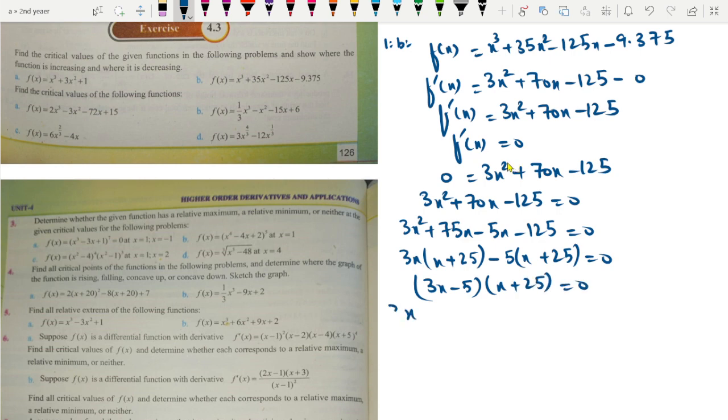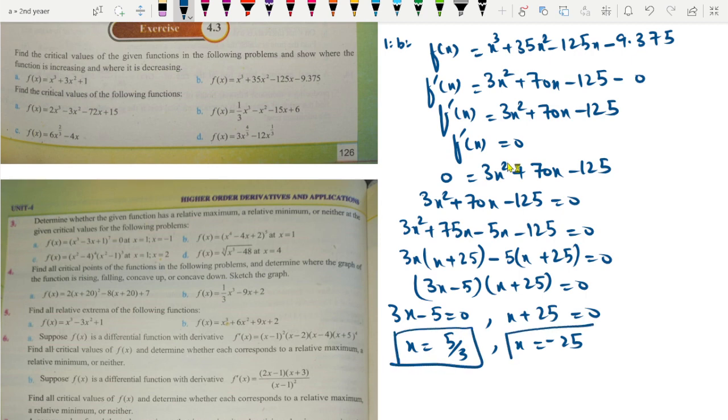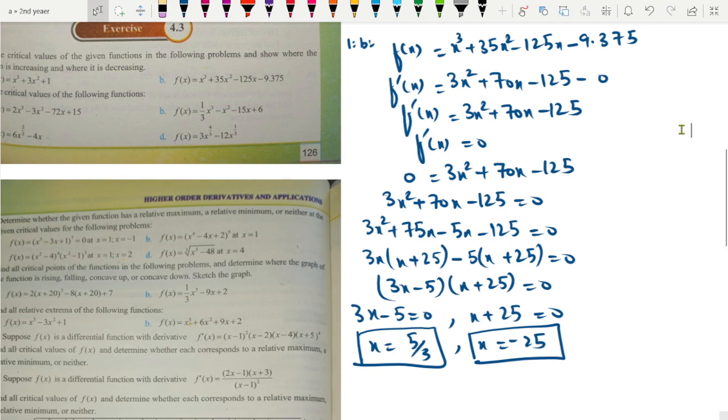So 3x minus 5 is equal to 0 and x plus 25 is equal to 0. So x is equal to 5 divided by 3 and x is equal to minus 25. These are the critical points of the function. If you want to find the y coordinates of these critical points, put these values in f of x and you will get the y coordinates.